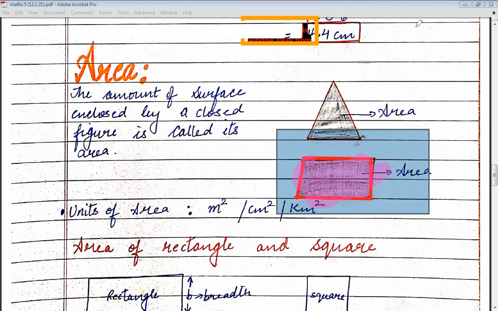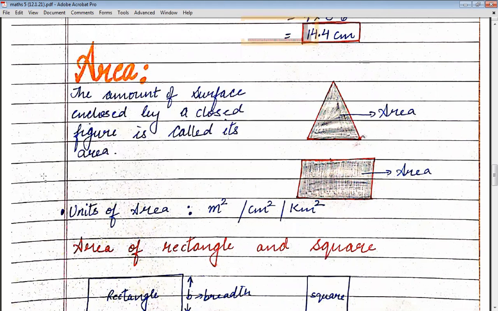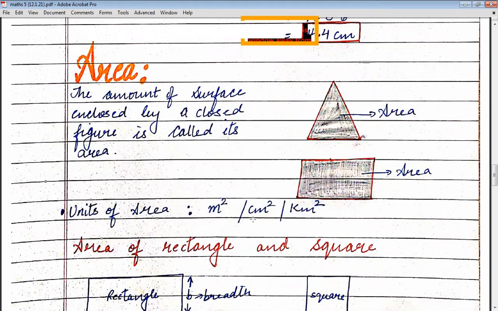Okay, so now in simple language you can say that area is the surface enclosed by a closed figure. Now children, let's discuss about its unit. The units of area is meter square or centimeter square or kilometer square. Okay, it can be anything according to the question.